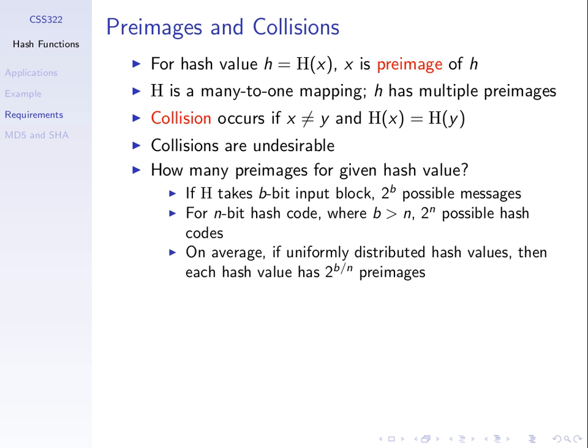H3 here, although I don't list them, has M2 as a pre-image, and many different messages as pre-images. So there are collisions. If the two pre-images are not the same and the hash values are the same, then that's what we call a collision.